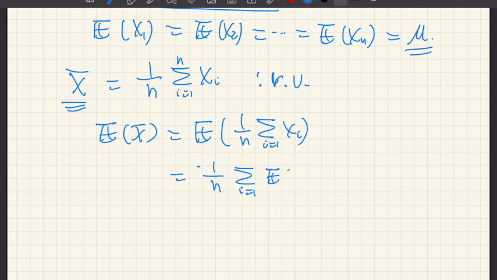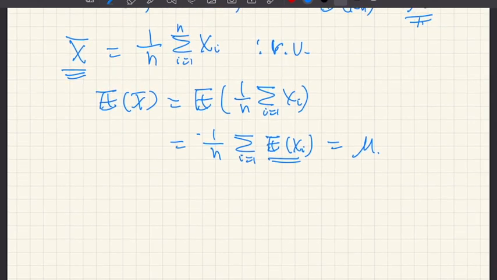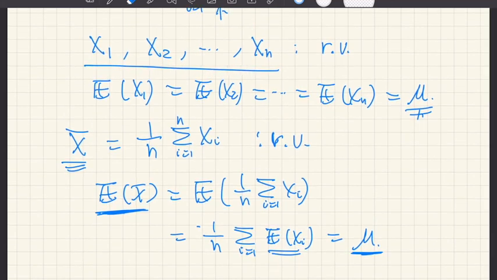So we have this, and all of these are equal to some constant mu. So we know the expectation value of the sample mean is mu, which is the same as the expectation value of all these random variables.